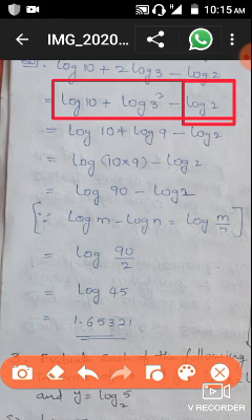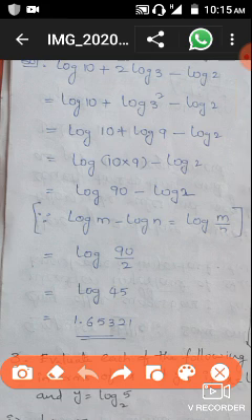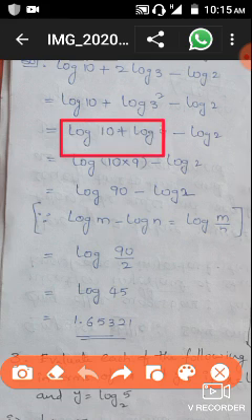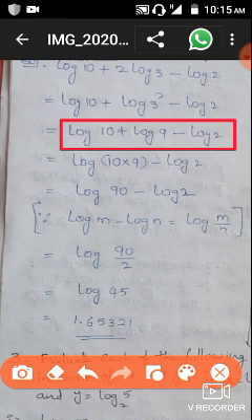Observe here, the base is not given for the 3 terms; when the base is not given in any question, we should consider it as 10. Log 10 as it is, plus log 3 power 2 we write as log 9, minus log 2 as it is.